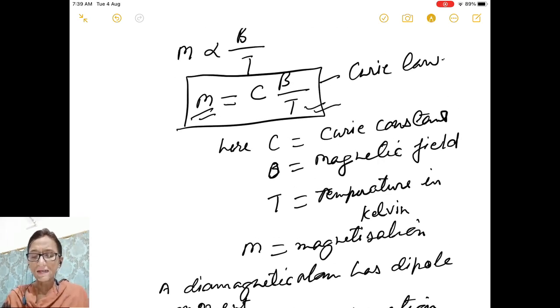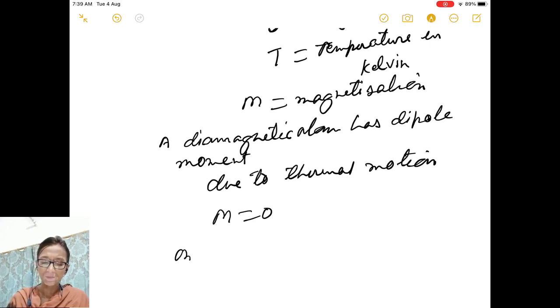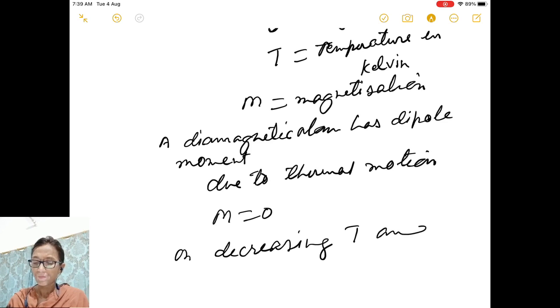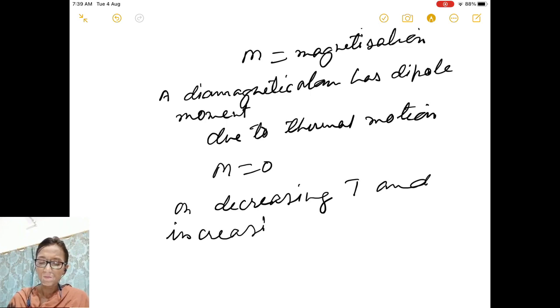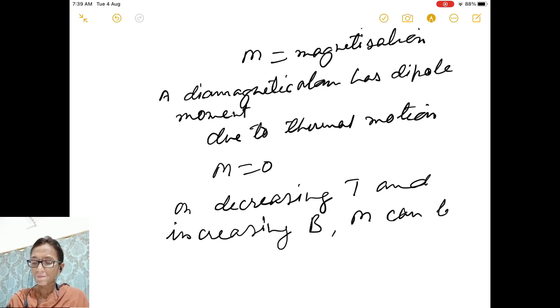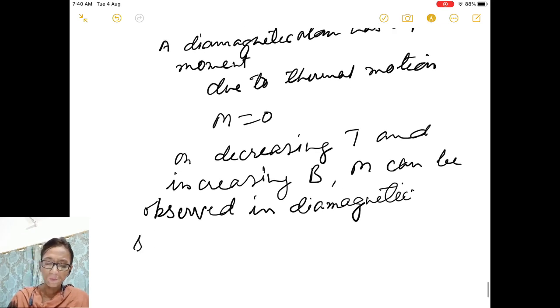So when you decrease the temperature considerably and increase the magnetic field to a high value, then you can observe magnetization.